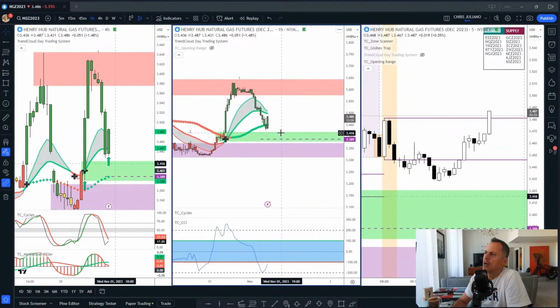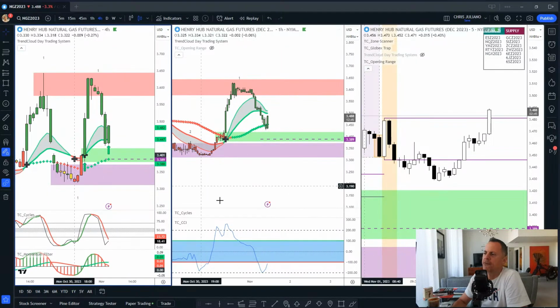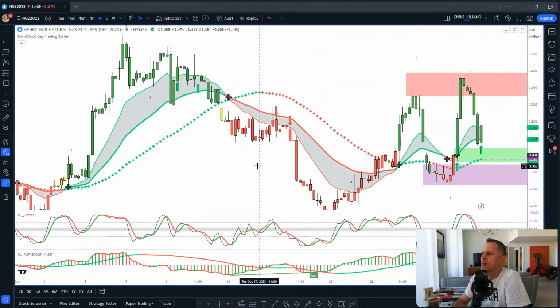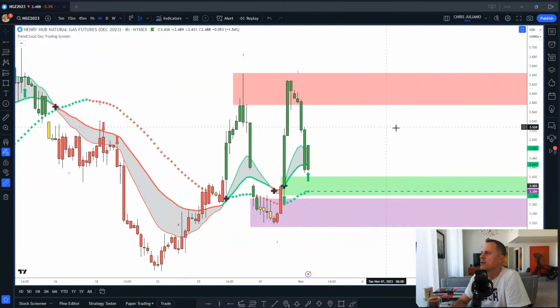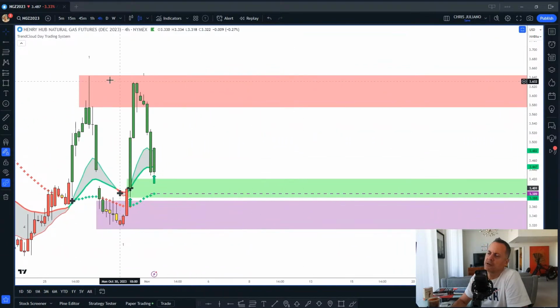Okay, so in a sideways movement, what do we do? We trade the extremes, right? This is an official sideways movement here. Here's the extreme high. Here's the extreme low. How do we trade it? It comes up into here, short it. Comes down into here, buy it, right?